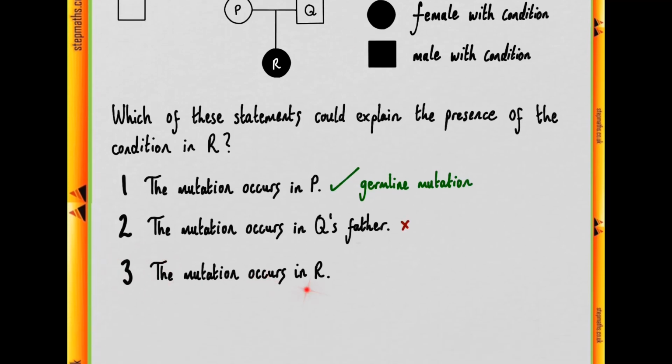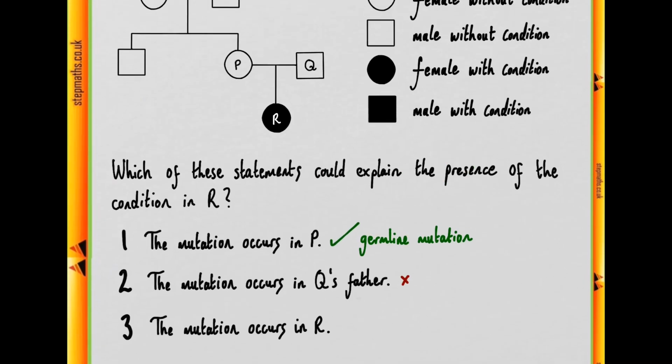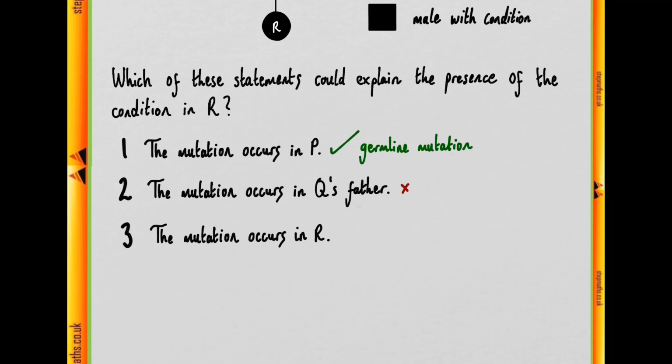Thirdly, the mutation occurs in individual R. Now, I did say that the only way in which you could get those kinds of mutations would be germline, because then you end up with a zygote, which then replicates, and then every cell in the embryo's body would carry this mutated allele, this allele which causes the condition.